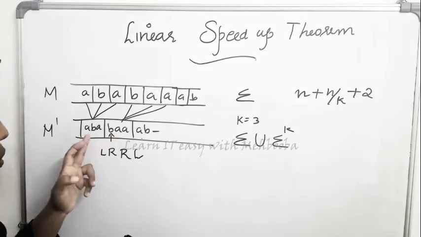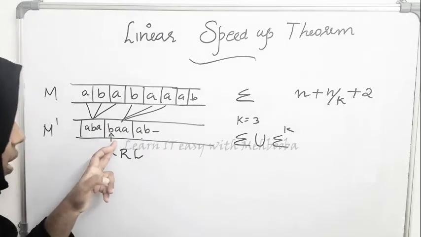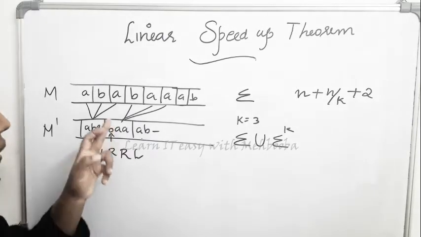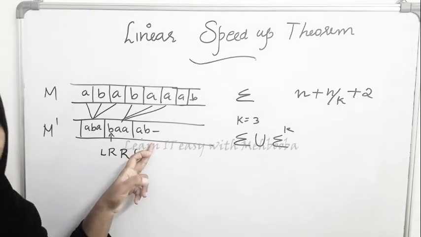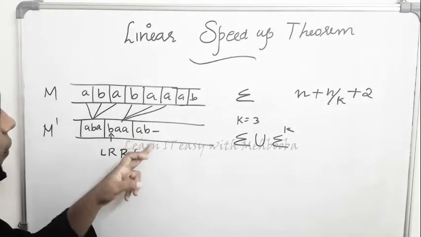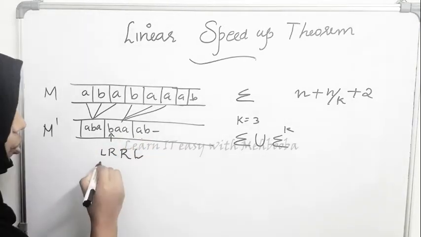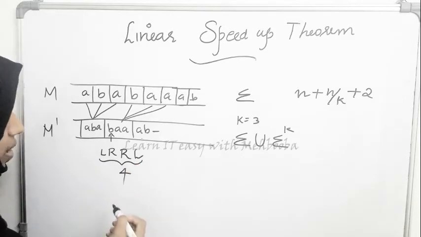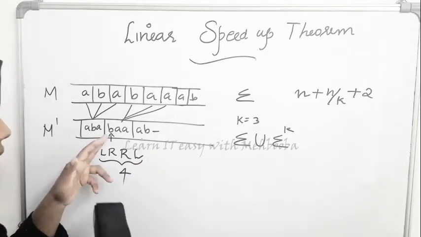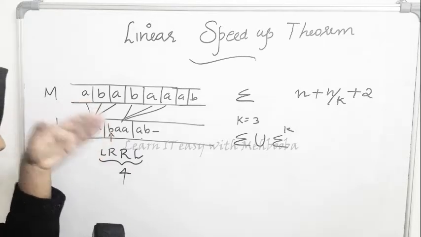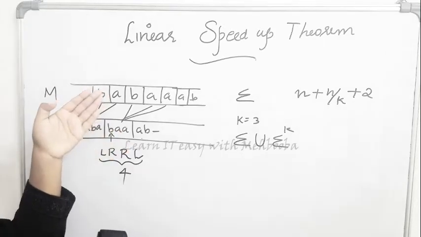That is, it has to move left, move right so that it will come back to the normal position, move right so that it can get the right character, now move left so that it can come back to the original position.